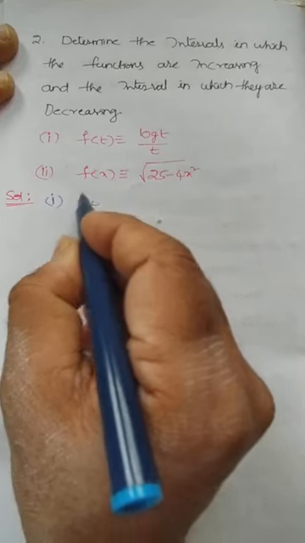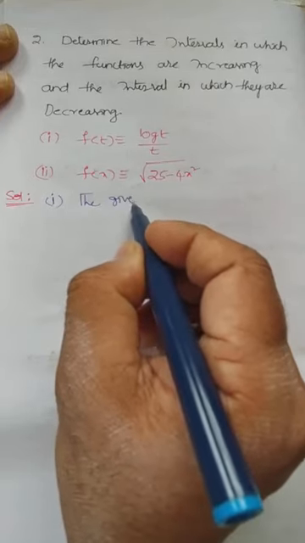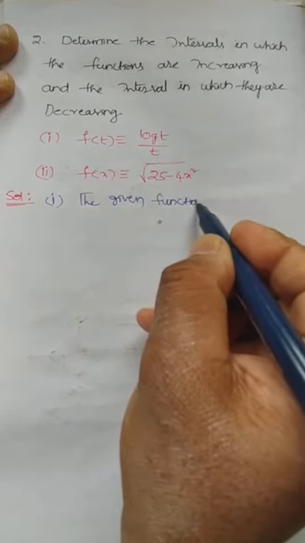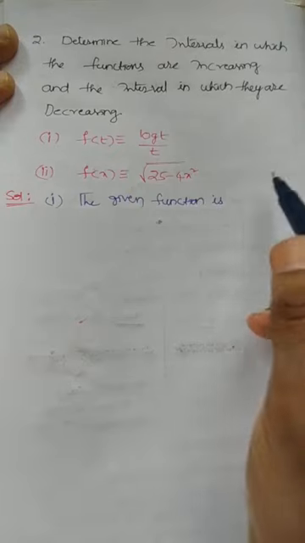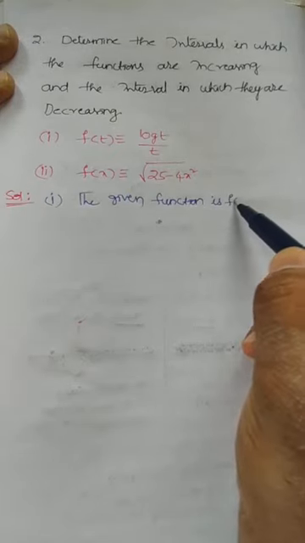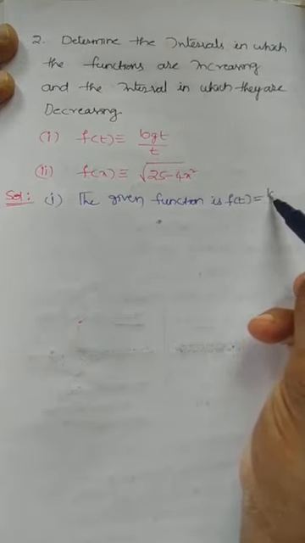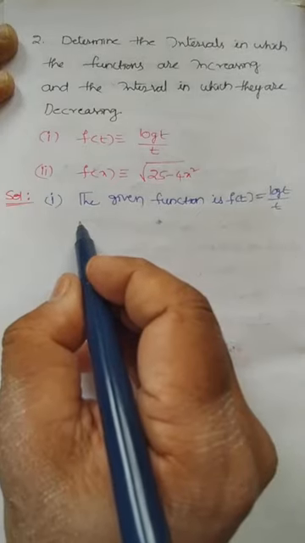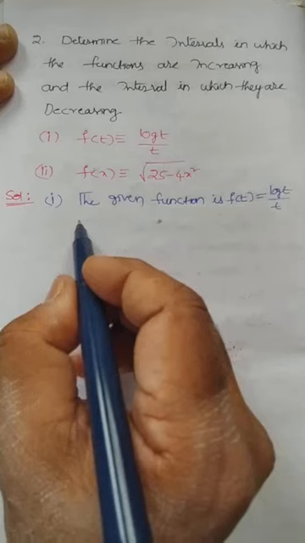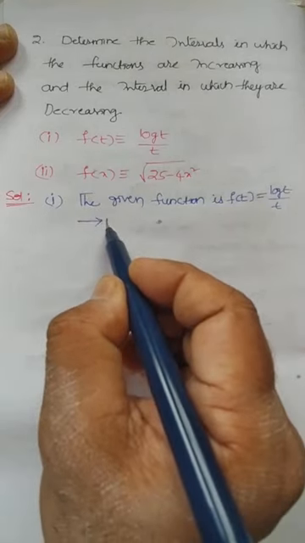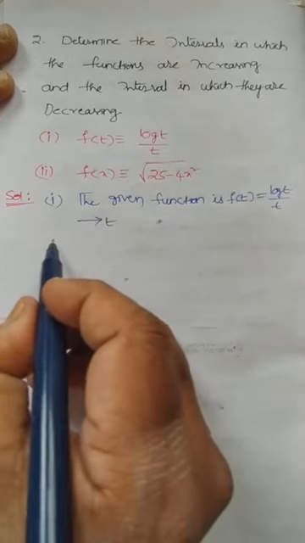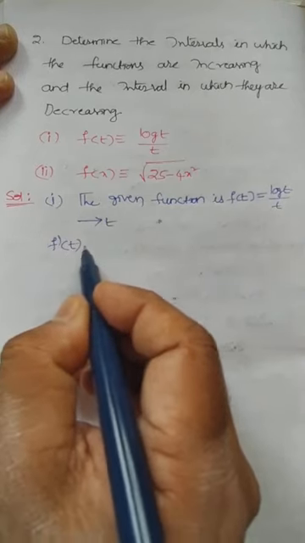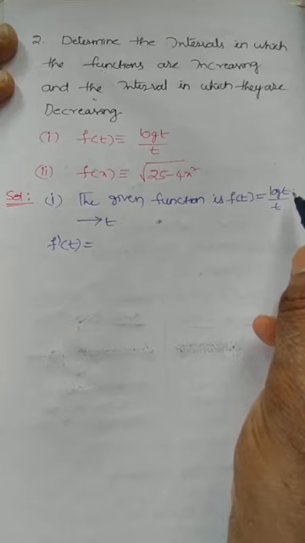The given function is f of t equals log t by t. Now to get f dash of t, I am going to differentiate the function with respect to t on both sides. So f dash of t equals, so it is u by v form.